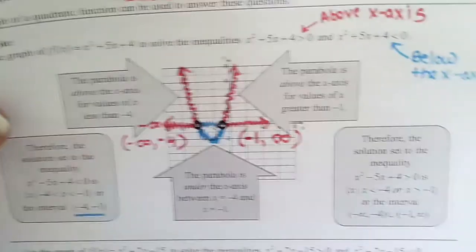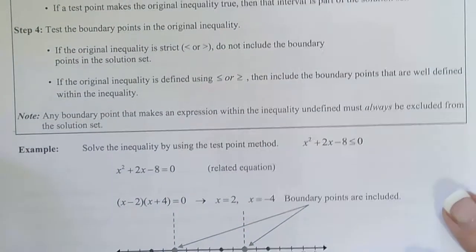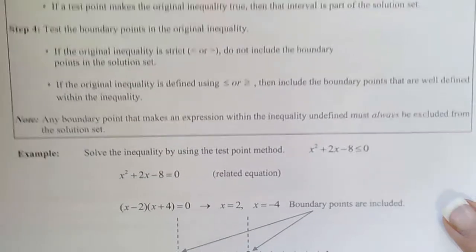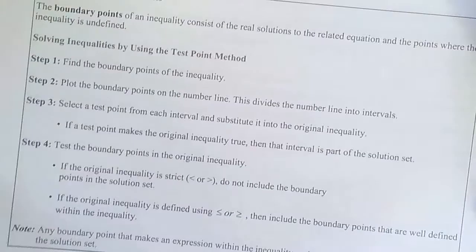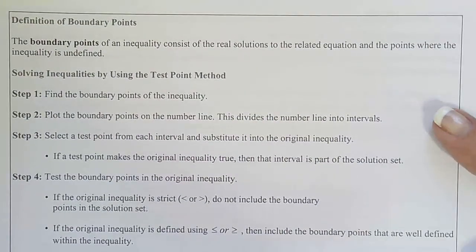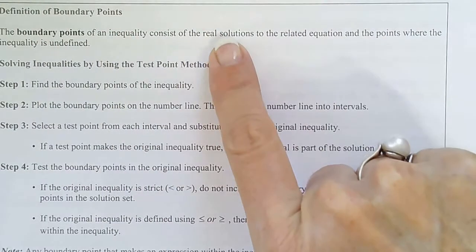Okay, we have 2 minutes. I think we have time to start on a problem on the next page, or at least talk about the box up here. So, definition of boundary points. So the boundary points are our solutions.